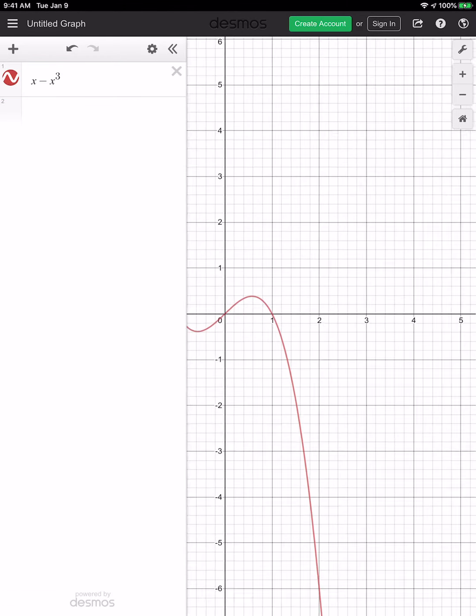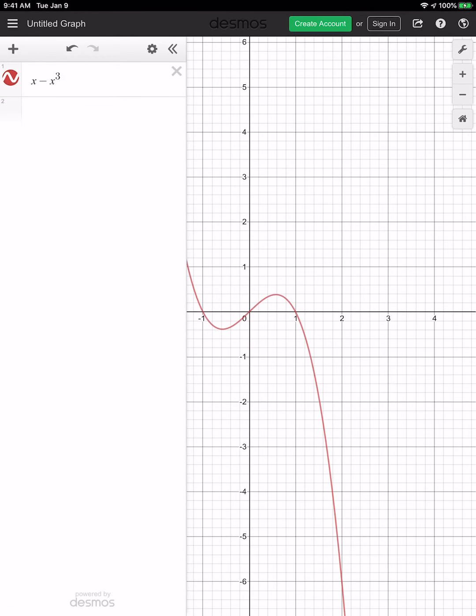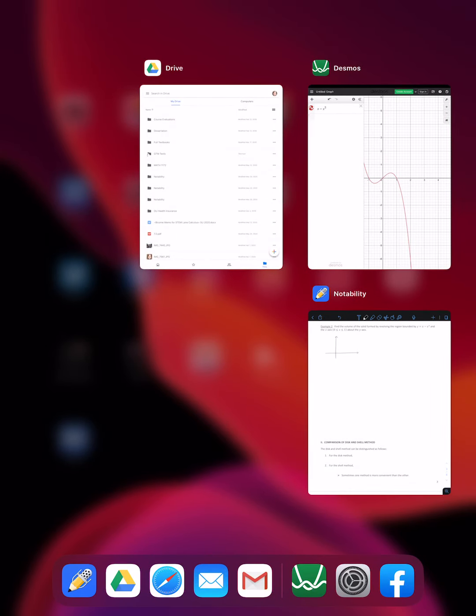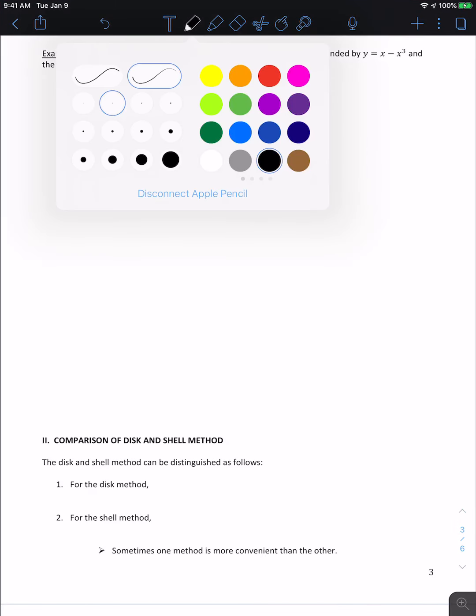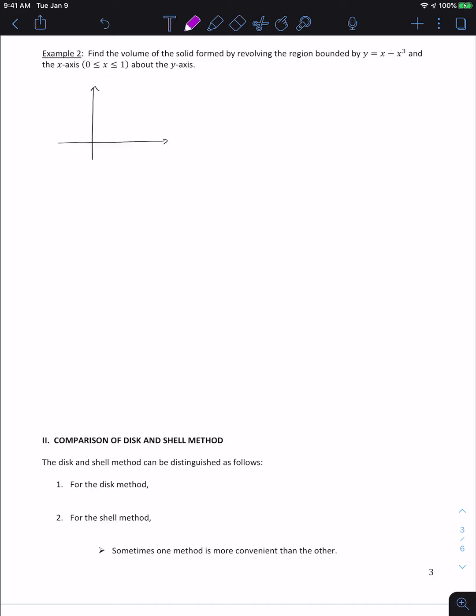It looks like this. And we're focusing on this portion around the origin because we want it to be bounded by the x-axis, right? So my function x minus x cubed looks something like this. All right, so this is y equals x minus x cubed, and I'm going from x equals 0 to x equals 1.